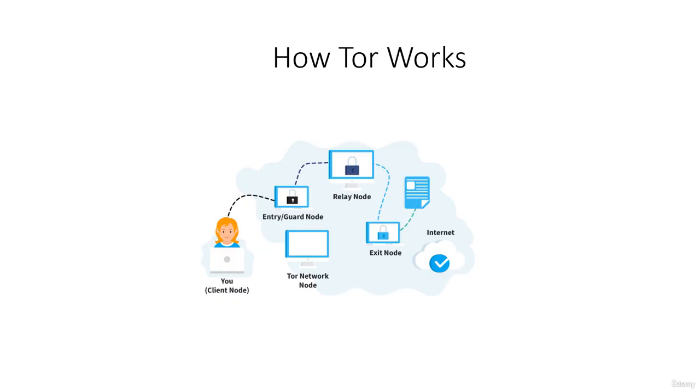The traffic is heavily encrypted, then decoded one layer at a time as it goes through different nodes. This means that whoever is trying to identify you based on your online traffic will just stumble on the last server that your data traffic passed through, which is the exit node.